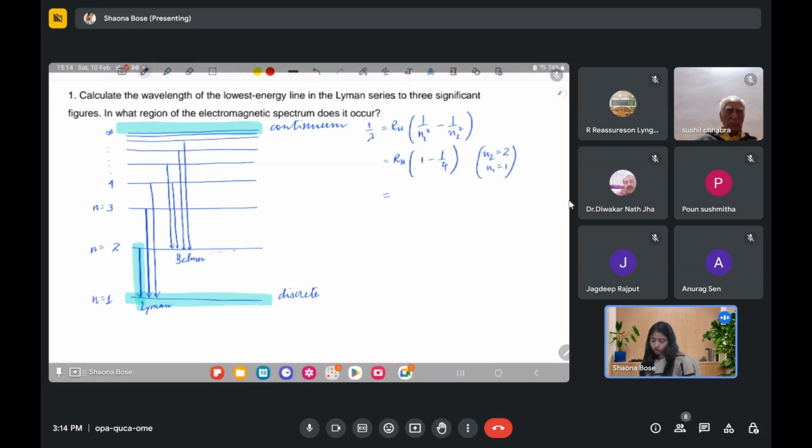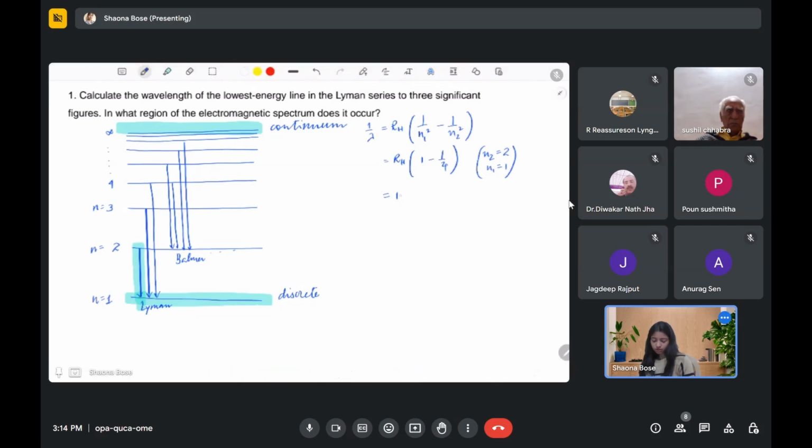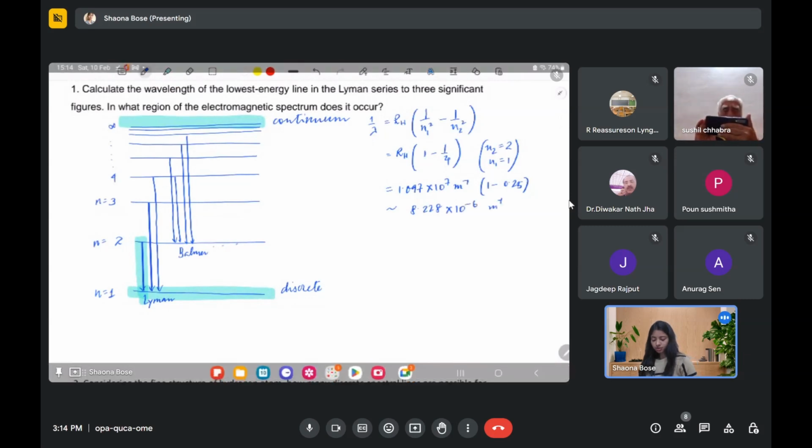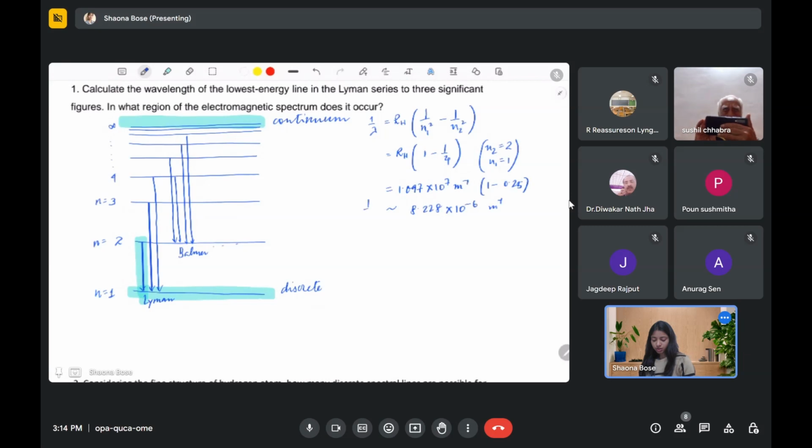What do you get? The value which I have here is somewhere around 8.228 into 10 raised to the power minus 6 meter inverse. But this is 1 by lambda, of course.